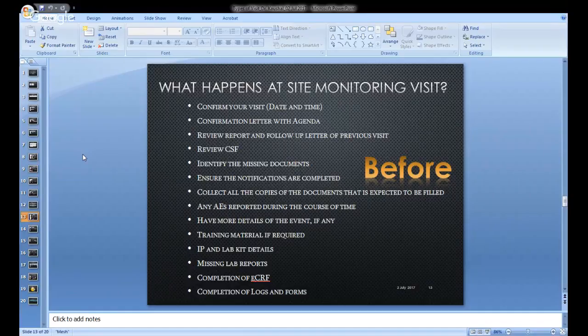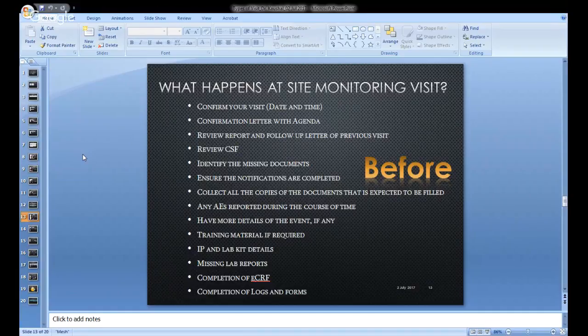If it is eCRF, you have all the scope to log in into the system and ensure that the CRFs are complete. If it isn't complete, ensure that before you reach the site, the CRFs are completed so that you have the data readily available for your verification.